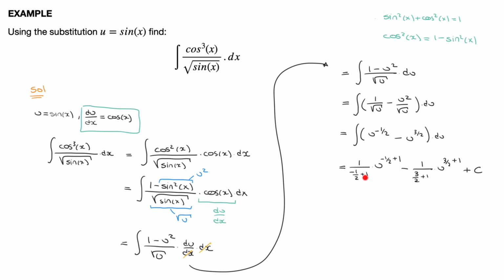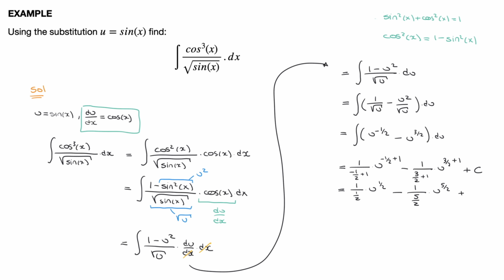Now, negative 1/2 plus 1 is just equal to 1/2, so we have 1 over 1/2 times u raised to the power of negative 1/2 plus 1, which again is 1/2. And we take away from that the second term, for which we have 1 over 3/2 plus 1, and 3/2 plus 1 is 5 over 2, so this becomes 1 over 5 over 2, times u raised to the power of 3/2 plus 1 again, so that's 5 over 2 again.